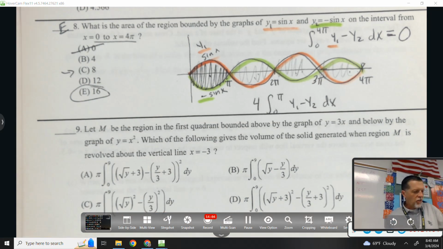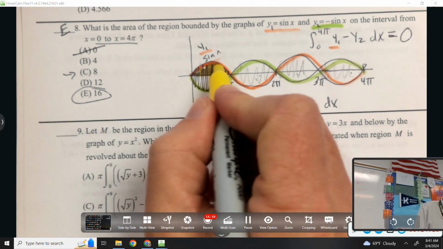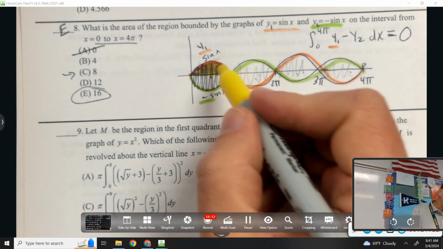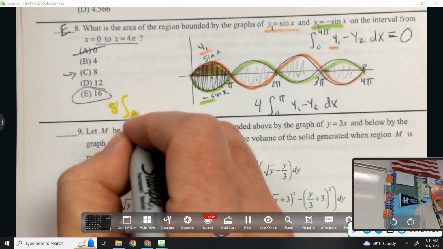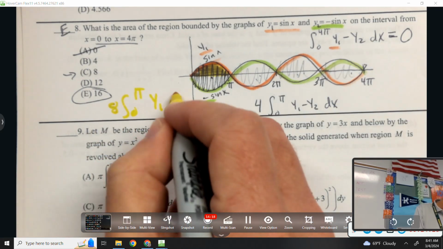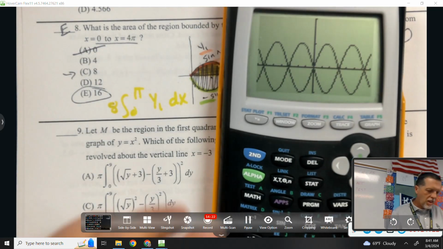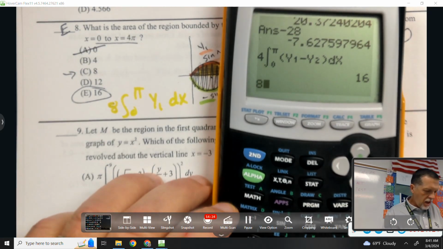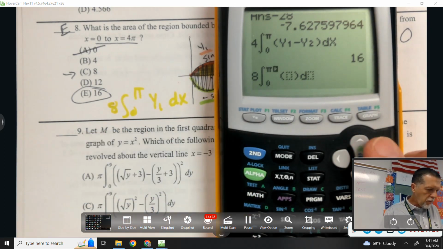If I wanted to try to check that using a different method, I could do 8 of those. 1, 2, 3, 4, 5, 6, 7, 8. That should be the same thing. 8, math 9, 0 to pi.